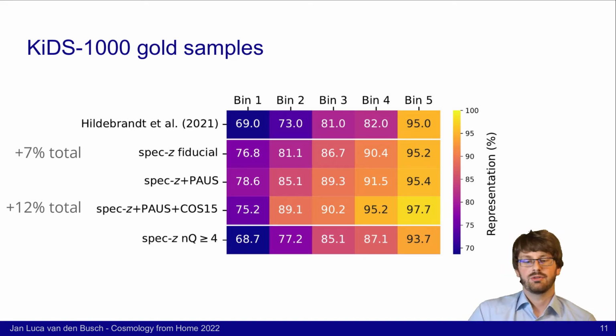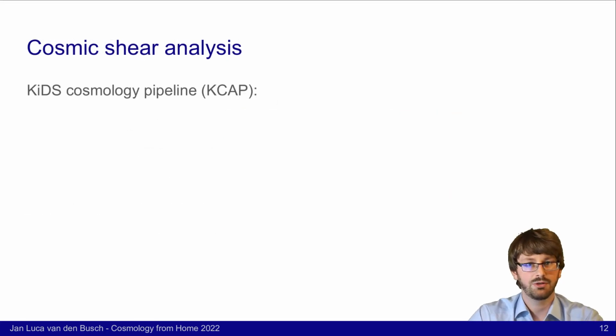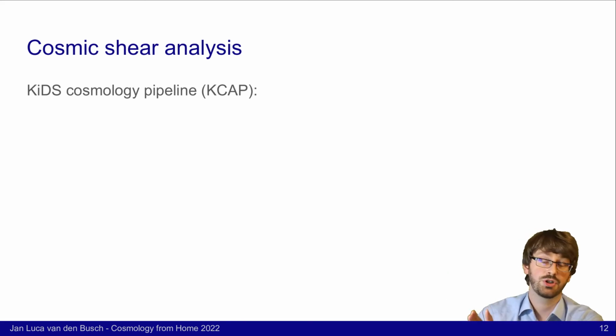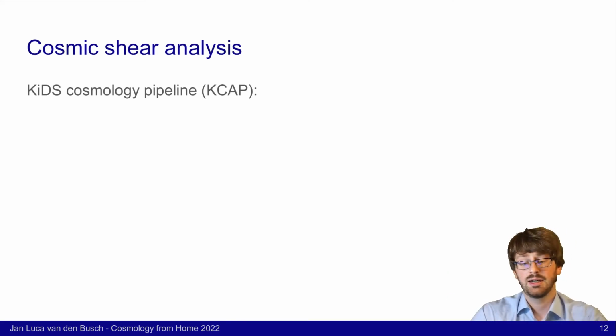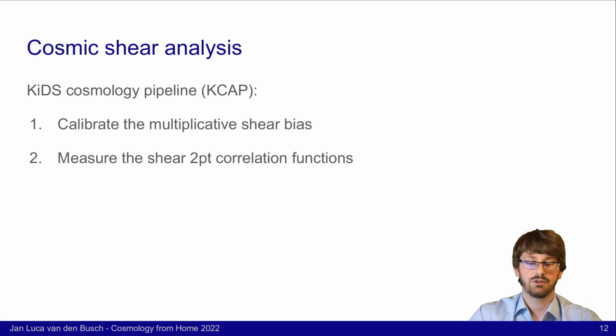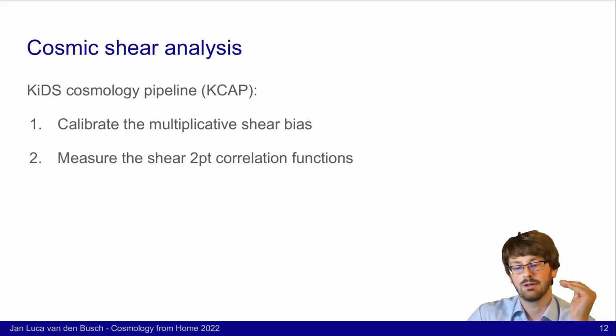So now this brings us to the question from the beginning: how do these different gold samples and their redshift calibration propagate to the cosmological constraints in the end? For that we essentially ran a full cosmic shear analysis using the KiDS Cosmology pipeline, or in short KCAP. For each of these samples we had to calibrate a multiplicative shear bias, then had to measure the shear two-point correlation functions.